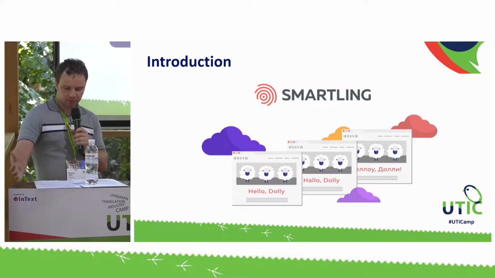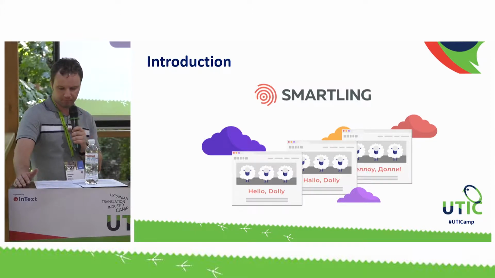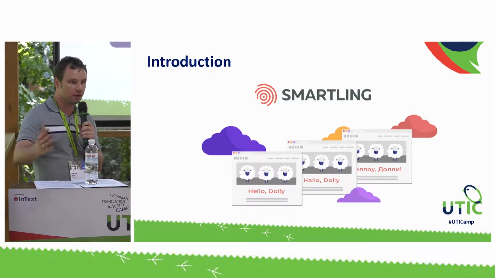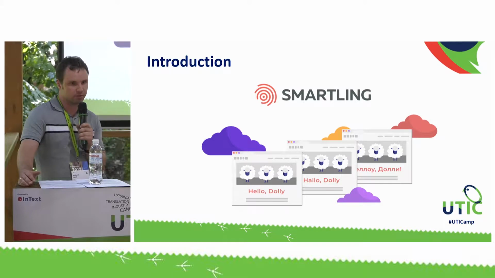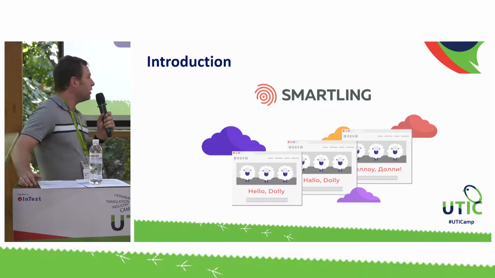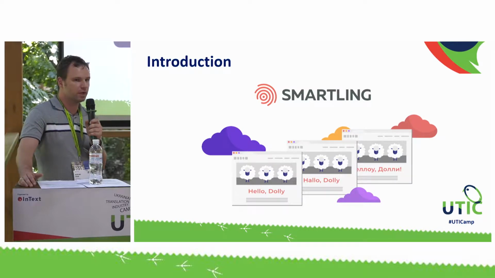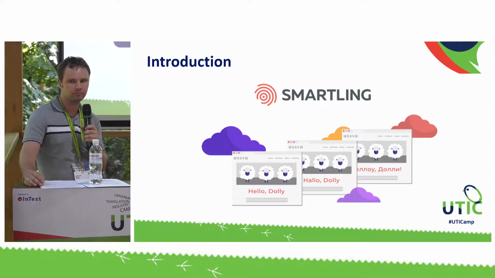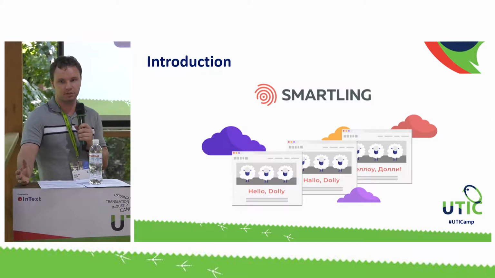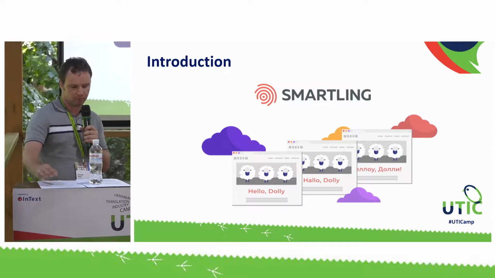What this means is Smartling enables organizations to both manage and translate content on a global scale, all while automating the process to reduce time and costs. This content can be anything from web pages to Word documents, PowerPoint presentations, application resource files in technical file formats like JSON, properties, gettext, and so on. And it can also translate mobile applications and video subtitles.